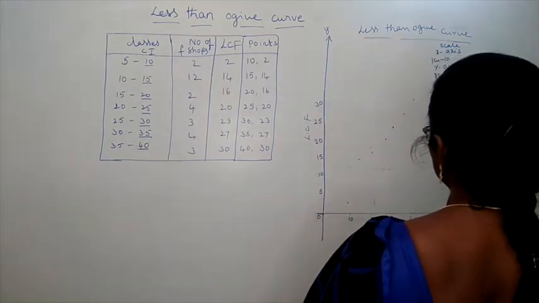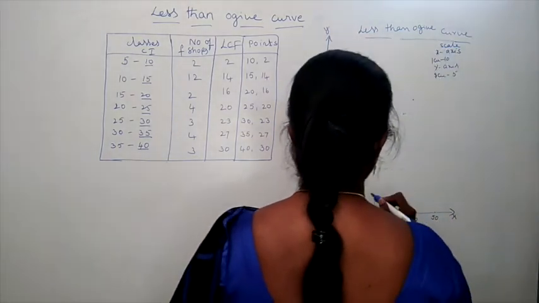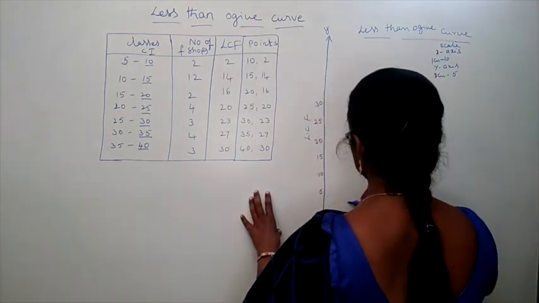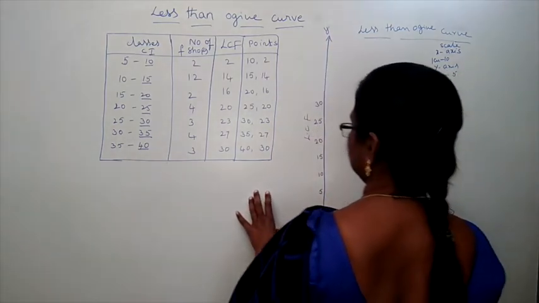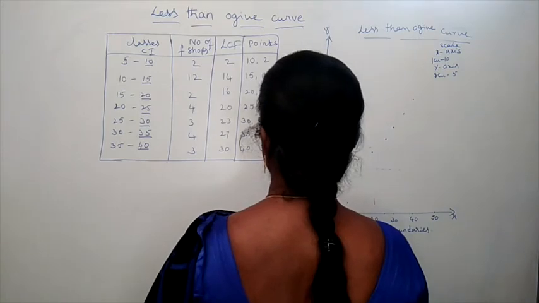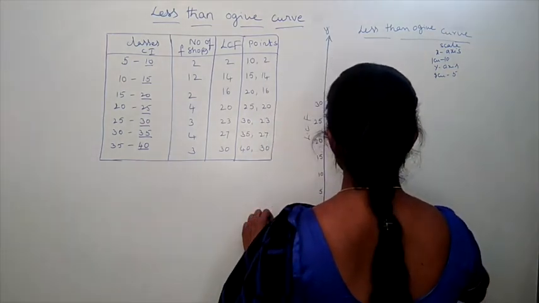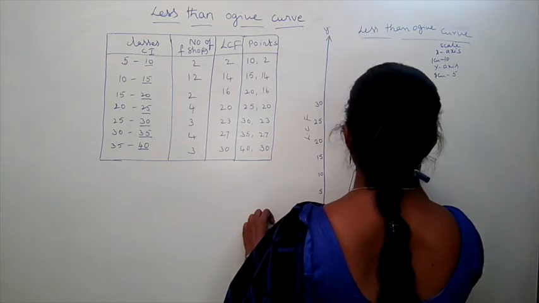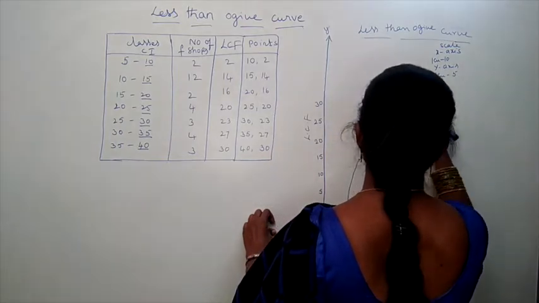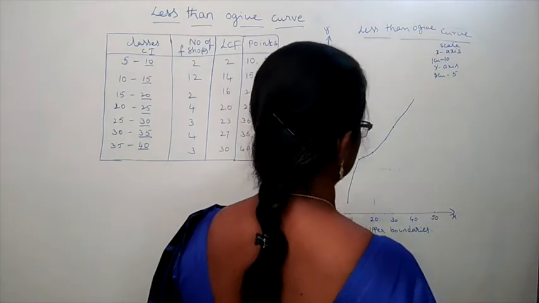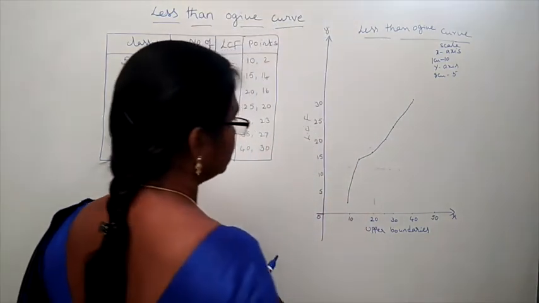Now, you have to draw a smooth curve with the hand. Like this you will get. Now this is the less than Ogive curve.